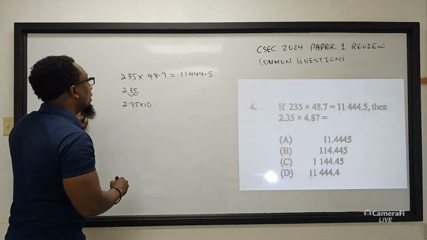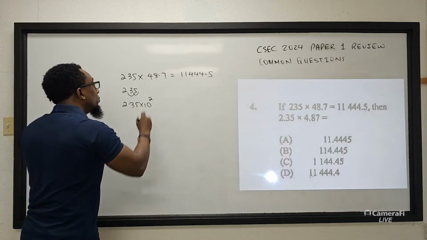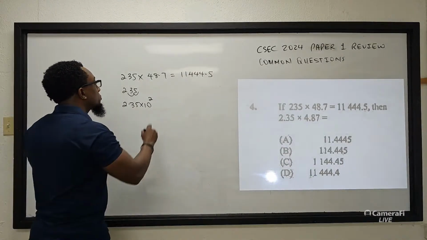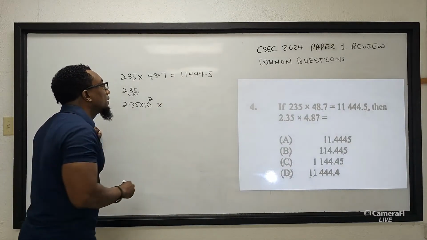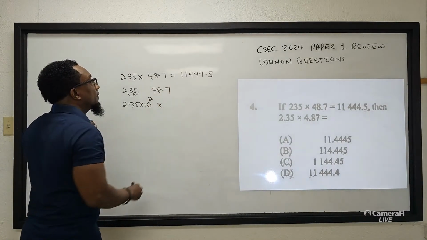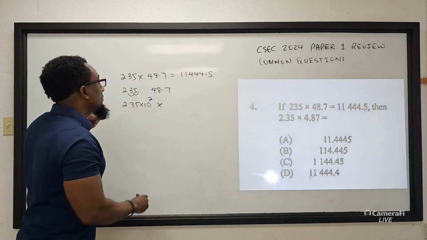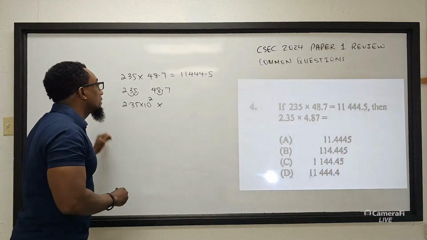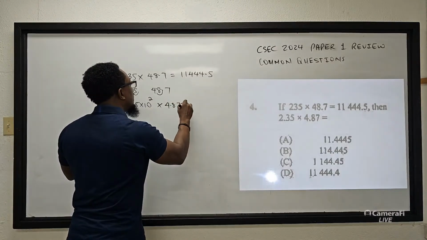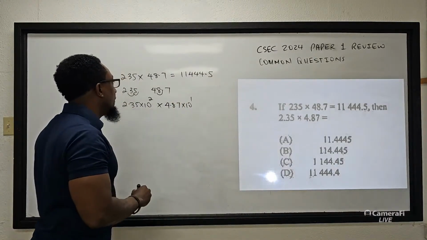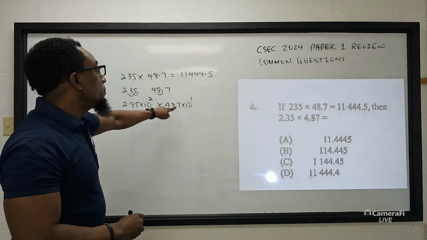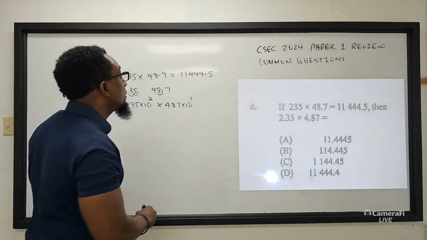So this now becomes 2.35 by 10 to the power of 2, because I moved it 2 places to the left. And this will be times 48.7. For 48.7 to become 4.87, I have to move the point 1 place to the left, so this becomes 4.87 by 10 to the power of 1. So you basically have 10 to the power of 2 by 10 to the power of 1, which is 10 to the power of 3.